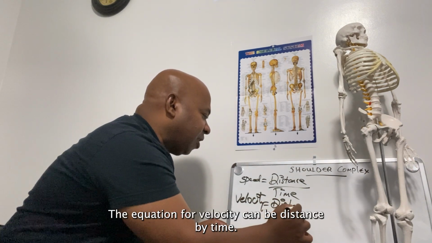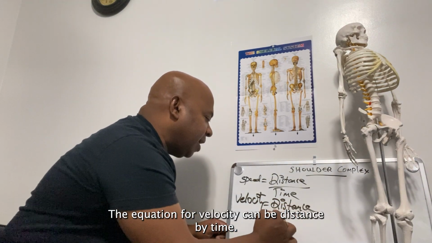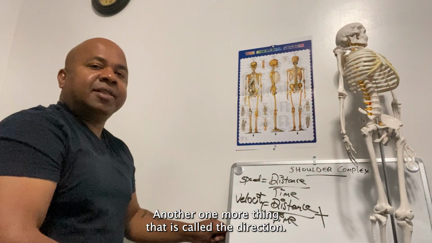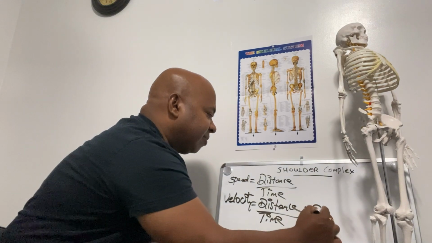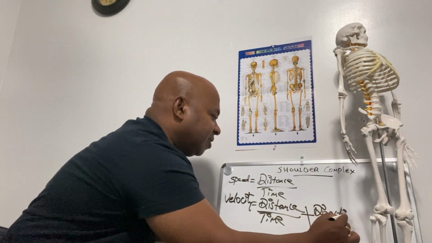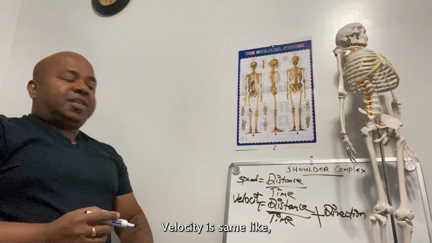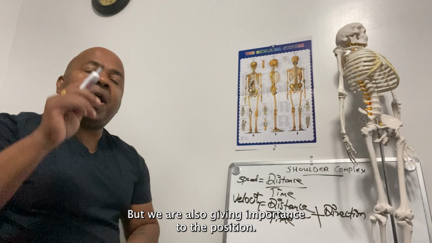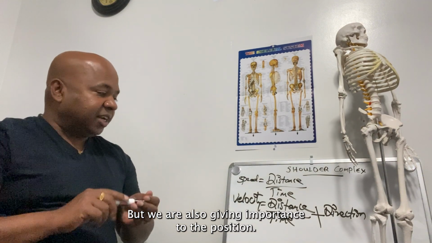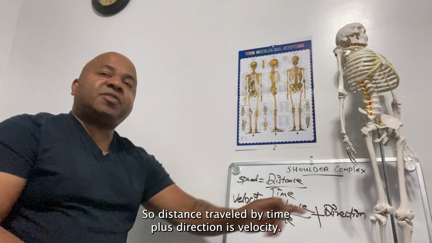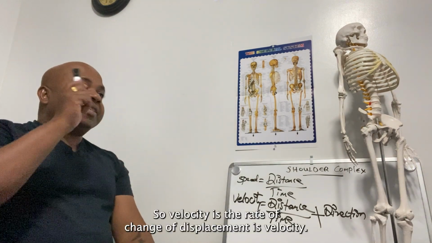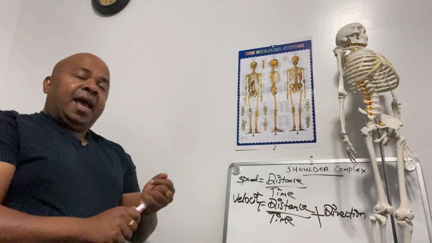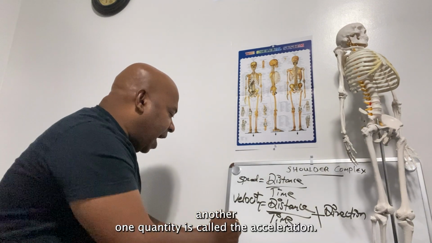The equation for velocity can be distance by time, same as speed, but it has one more thing, that is direction. It's the distance traveled in a particular time, but we also give importance to the direction. So distance traveled by time plus direction is velocity. Next, another quantity is called acceleration.